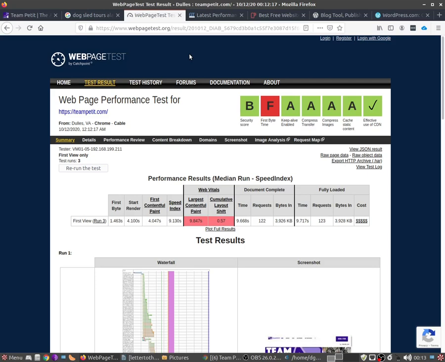It needs to be 3 seconds or under. Your first byte time is a little better, but it's varying between like 1.4 seconds all the way up to 4 seconds, and that's a big range of swings. You get what I'm saying?